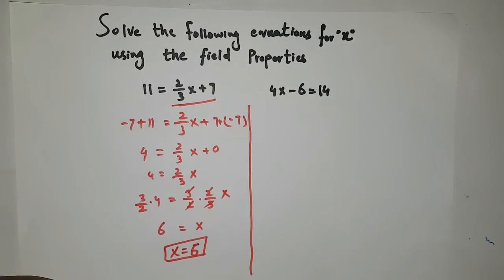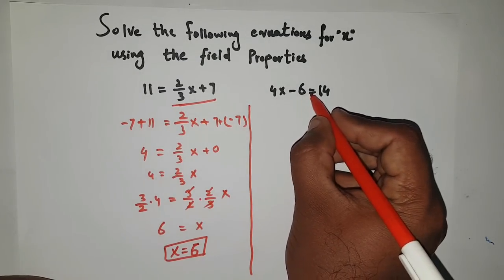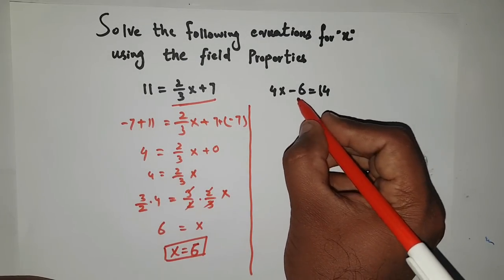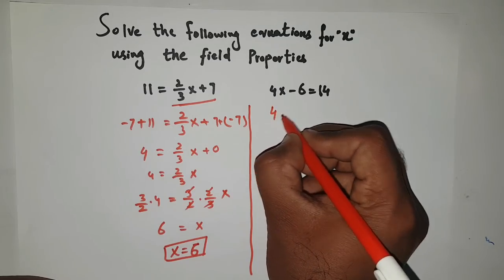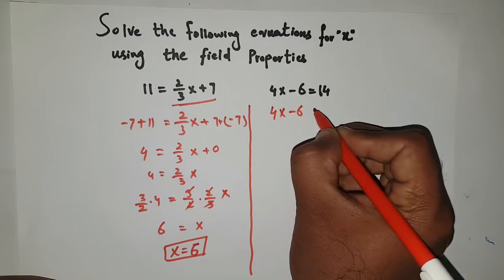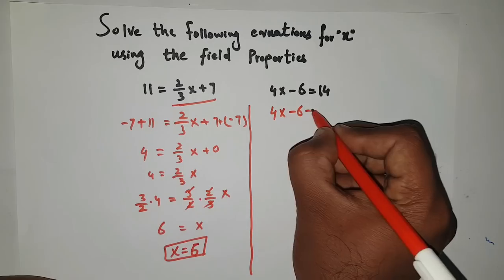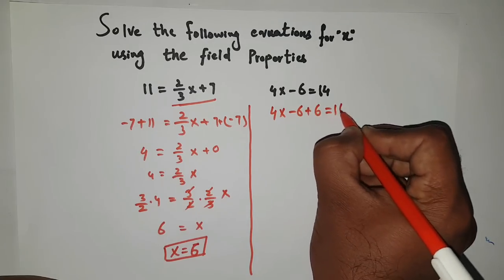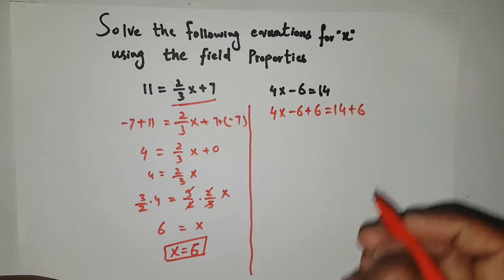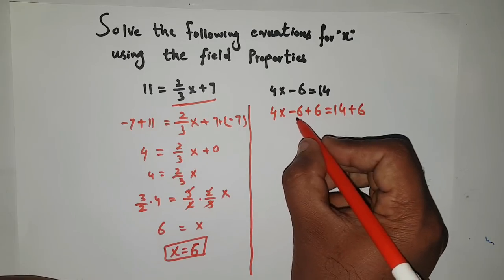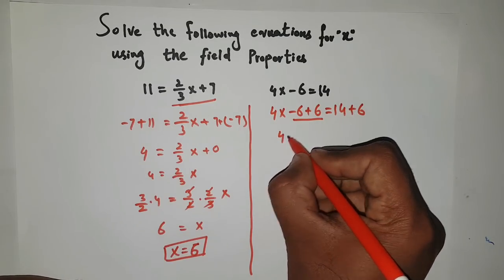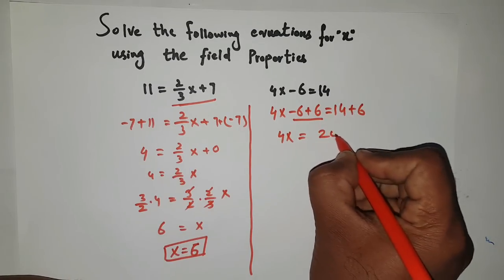The next example is 4x minus 6 is equal to 14. We can solve it as 4x minus 6 plus 6 is equal to 14 plus 6. These cancel, so 4x is equal to 20.